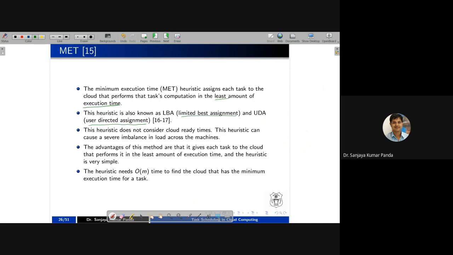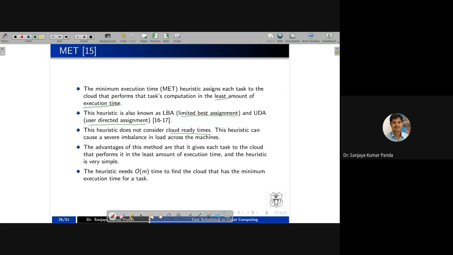And this heuristic does not consider the cloud ready time. Cloud ready time is not given to you. If a question is given to you, cloud ready time may be there in the system, but while it is assigning, it is not considering the cloud ready time.